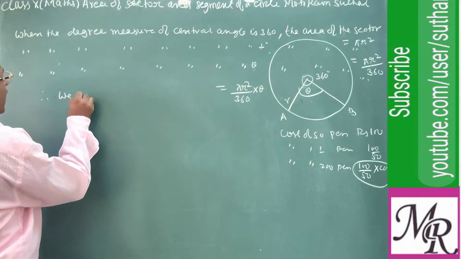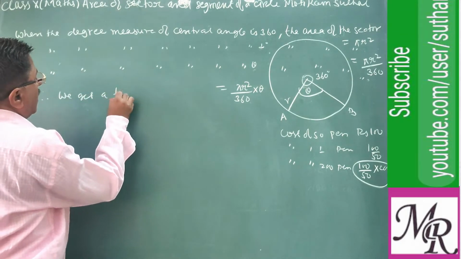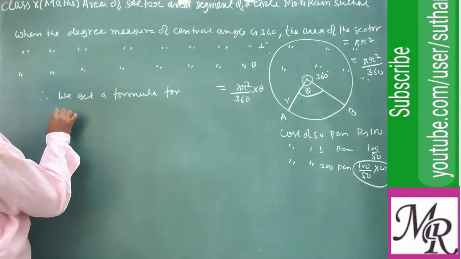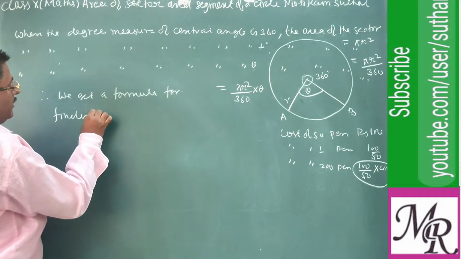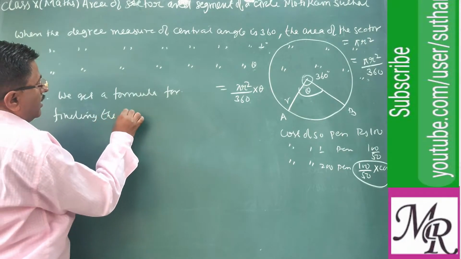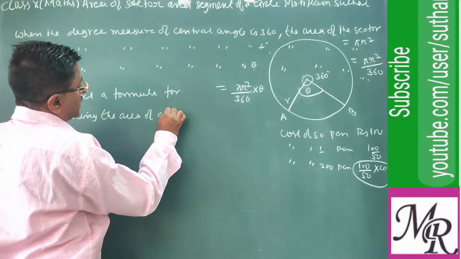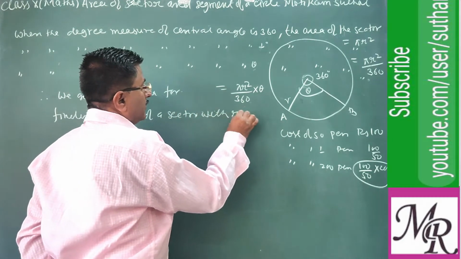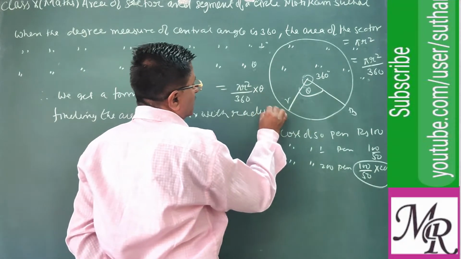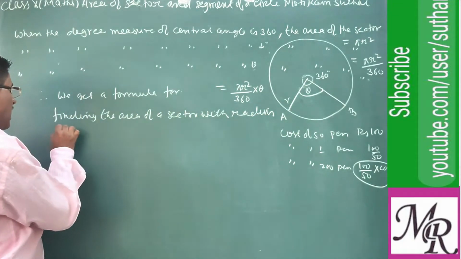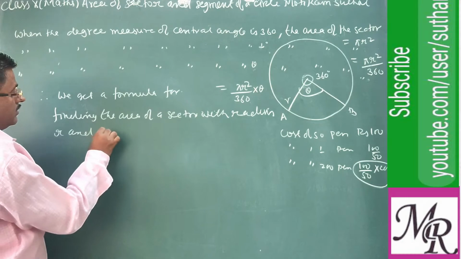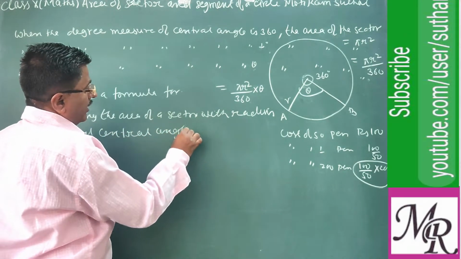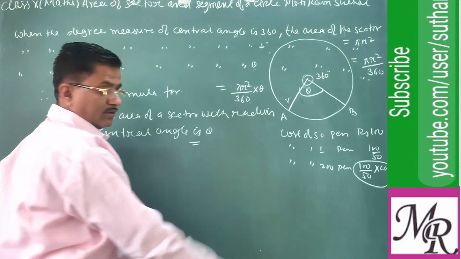So we get a formula for finding the area of a sector with radius r and central angle theta.